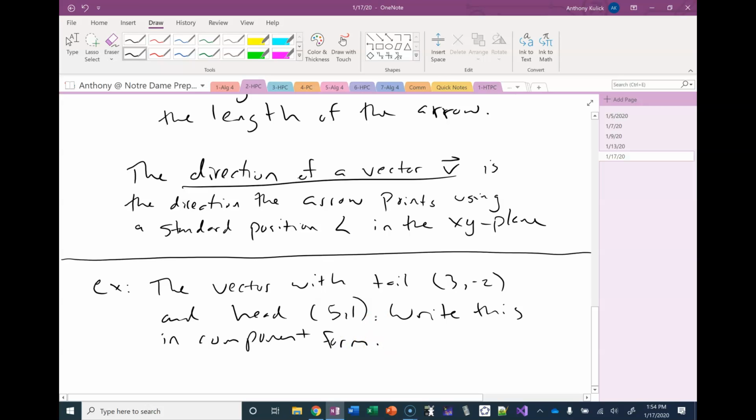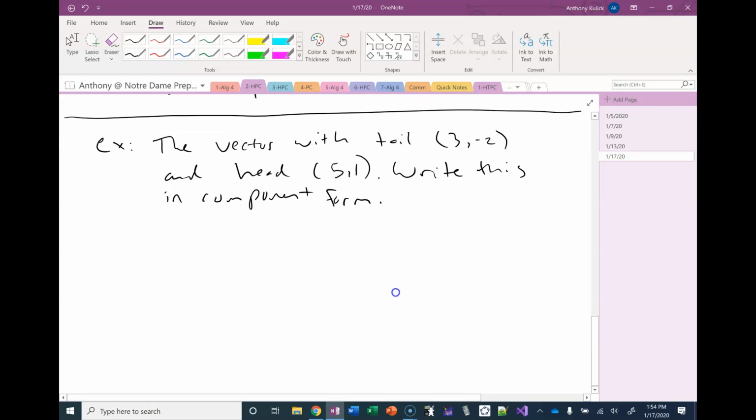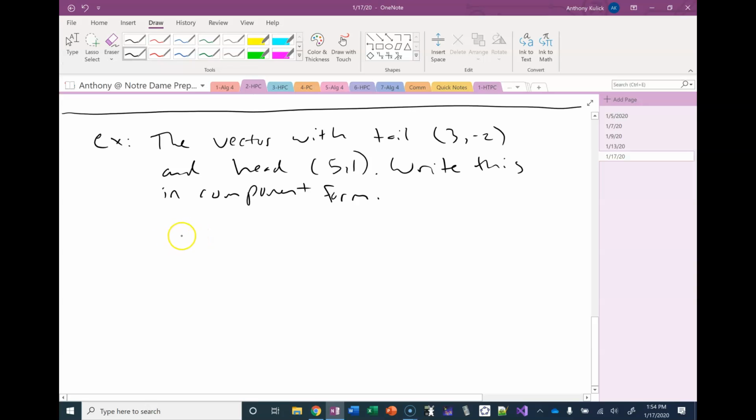And let's say we want to get this into component form. Let's draw ourselves a picture of what's going on here before we kind of figure out how we're going to be able to do this.